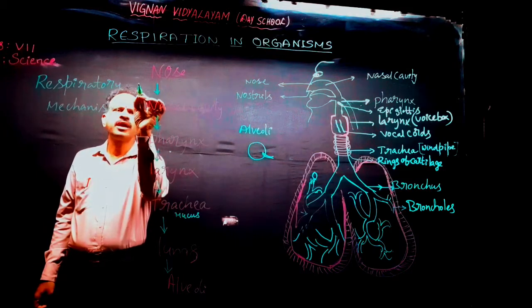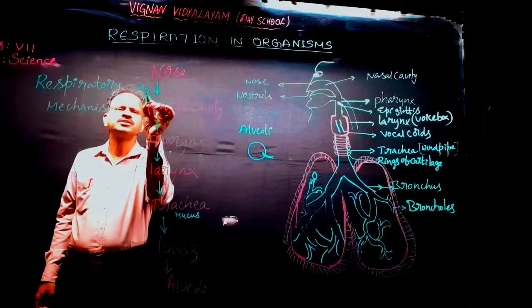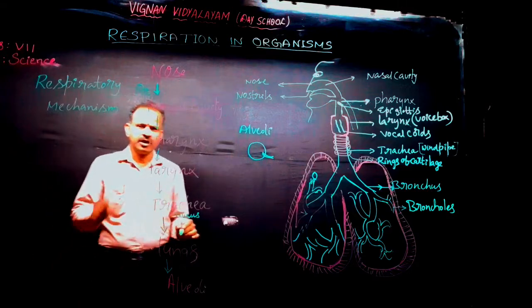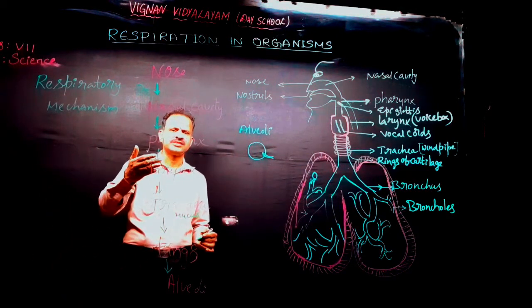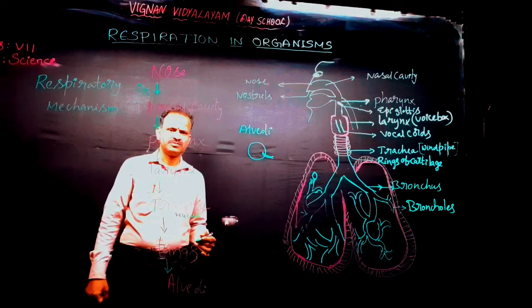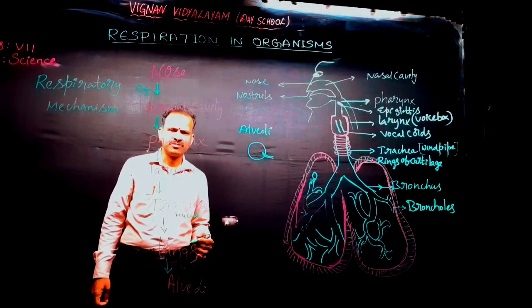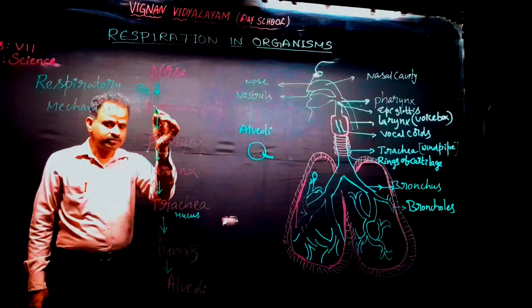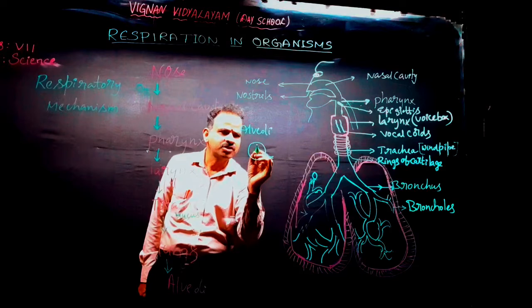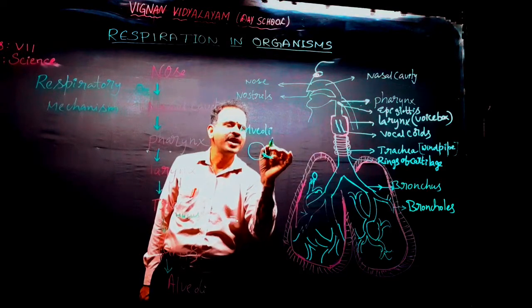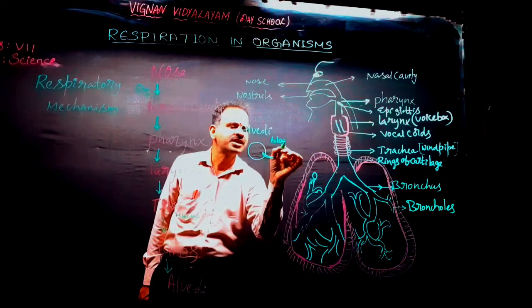Here the air is rich in oxygen. Okay, children? Now, the alveoli are supplied with blood vessels.